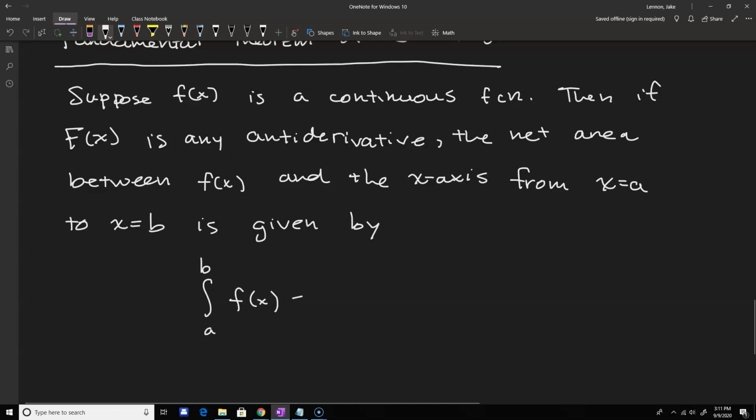It's actually given by the antiderivative with b plugged in minus the antiderivative with a plugged in, so capital F of b minus F of a.